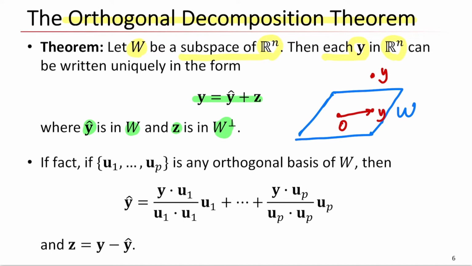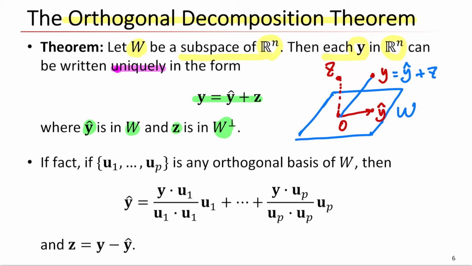Y hat here, and z here. So in this case, y is equal to y hat plus z, and this y can be written uniquely in this form. Okay, so this is the orthogonal decomposition theorem.